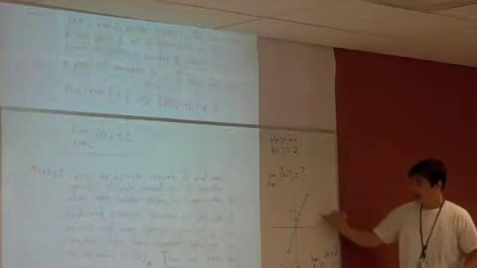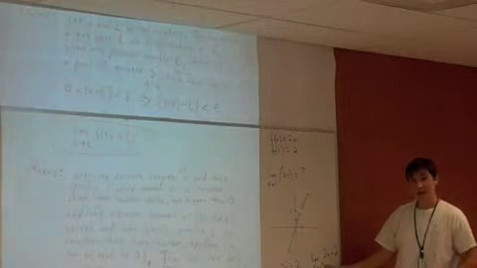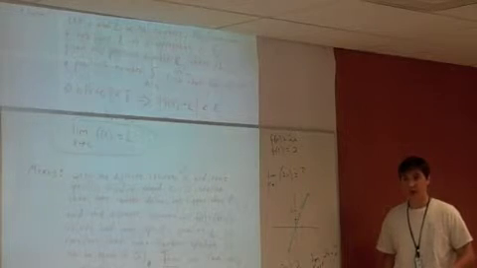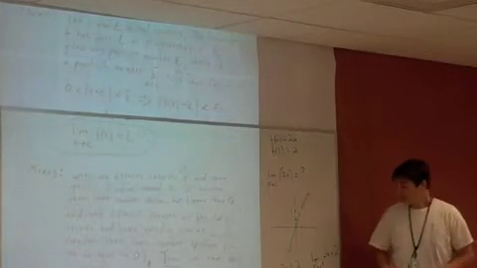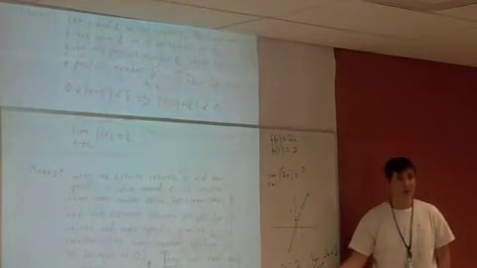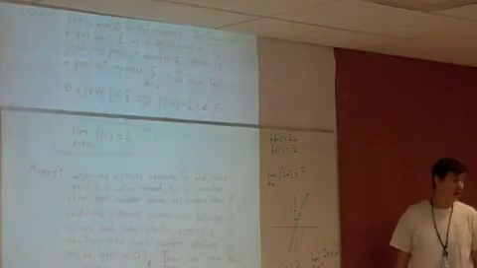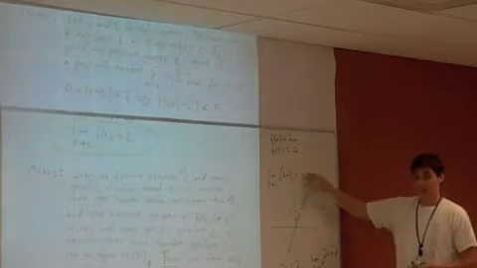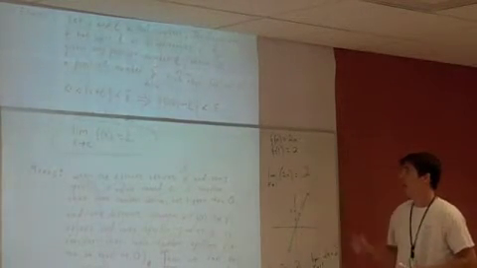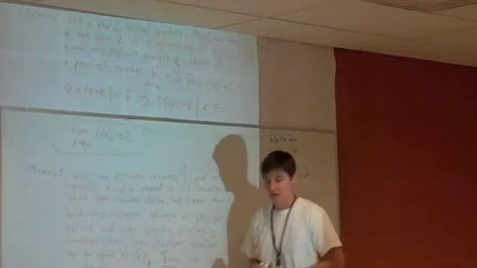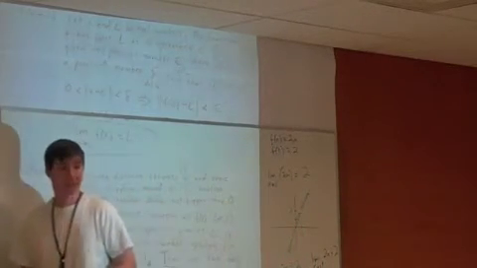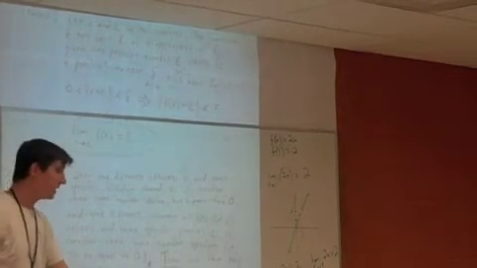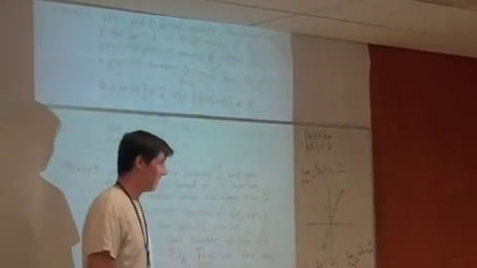What this is saying is as you get closer to 1 from the right side, from the plus side, the function approaches 2. Now, if the limit from the left equals the limit from the right, the limit exists and it is equal to that number. The only time a limit exists is if the limit from the left is equal to the limit from the right, then the limit exists and it's equal to that value.